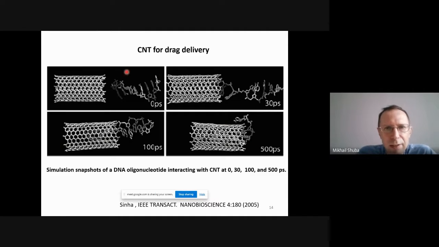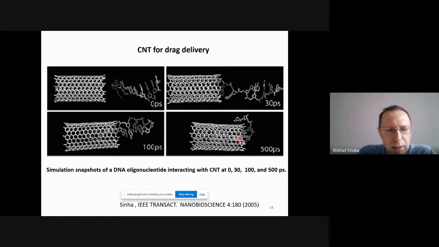Here is an example of how carbon nanotubes interact with a DNA oligonucleotide. This snapshot is a result of a calculation where we can see how the DNA oligonucleotide penetrates inside the carbon nanotube.